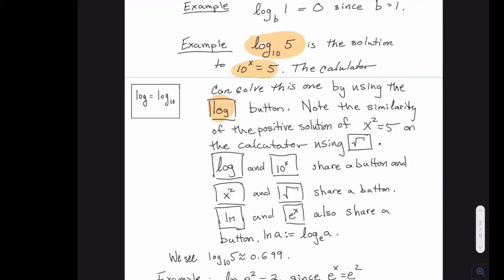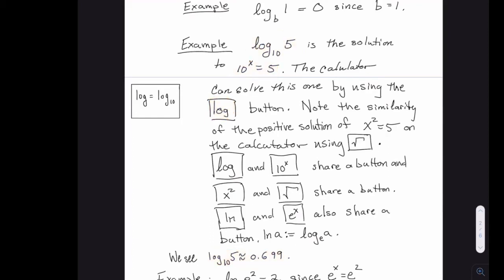So we will take log of 5. Your calculator can solve that, and we find out that log base 10 of 5 is approximately 0.699. I do want to point out that this is an approximation. The actual answer is just log base 10 of 5.